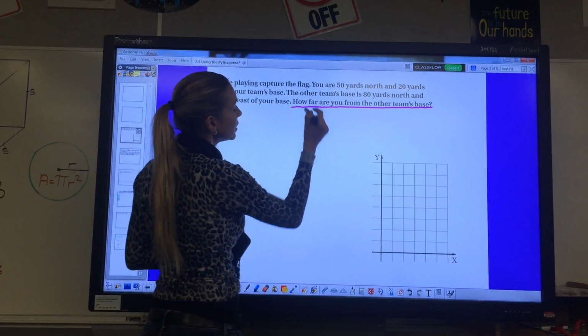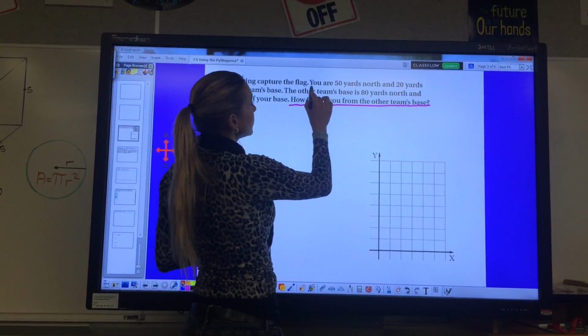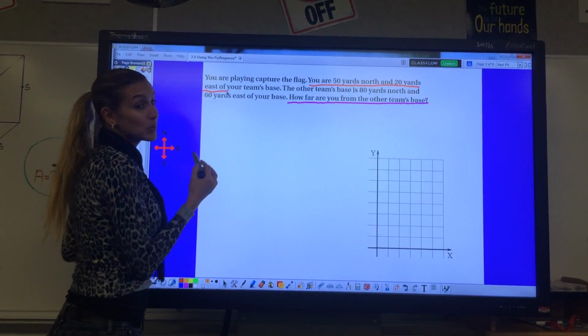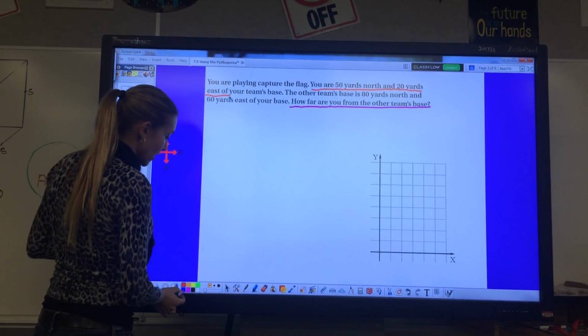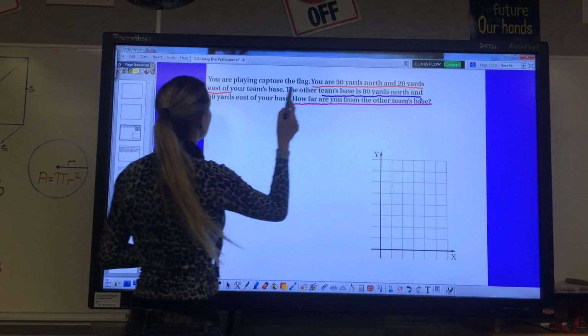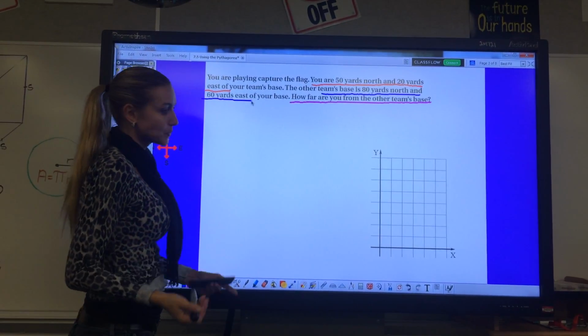Look, see, I didn't even read the whole question. I read the question, but didn't read what else they've given me. It says you are 50 yards north and 20 yards east of your team's base. Then you have another team. The other team's base is 80 yards north and 60 yards east of your base.